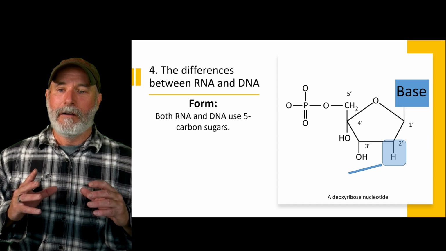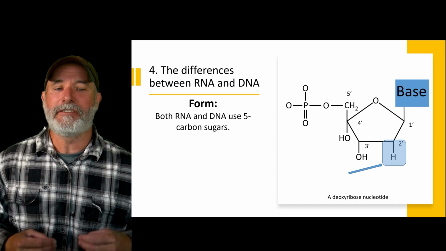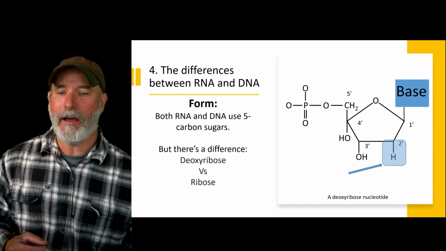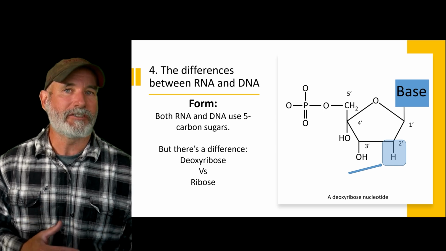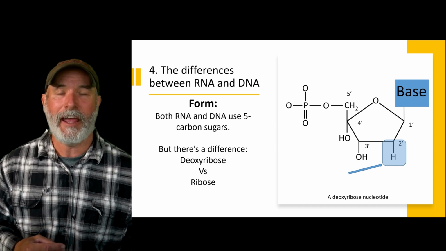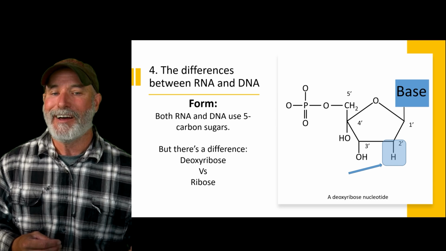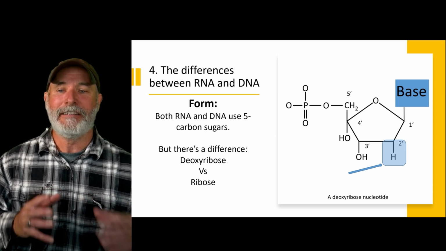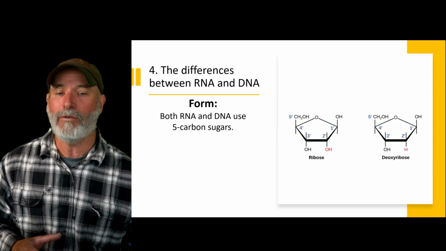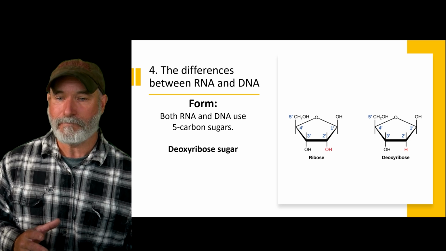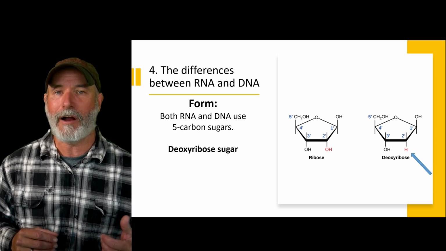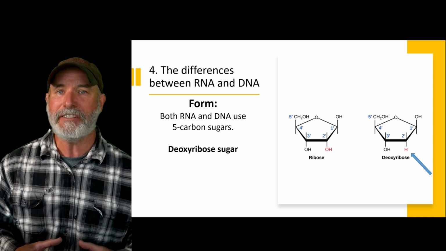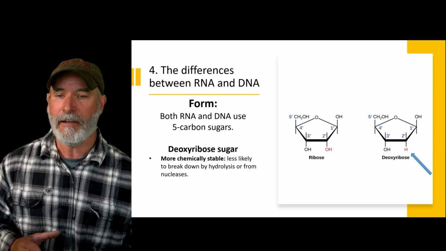Okay, both RNA and DNA use a 5-carbon sugar. However, there's a difference between deoxyribose and ribose, and I'm showing a deoxyribose, which differs at the 2' carbon. Deoxy means without oxygen. So the deoxyribose sugar on the right is missing an oxygen, okay?